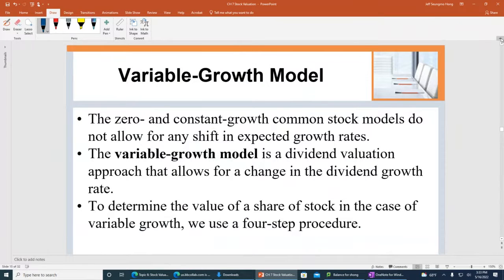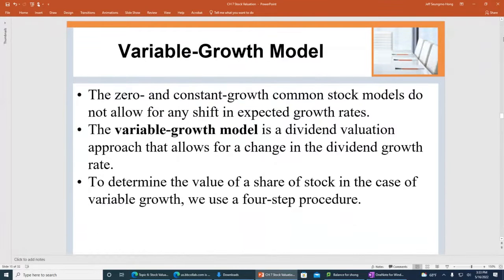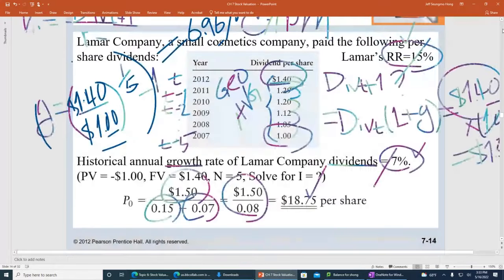Variable growth means, think about it, not all the companies are growing at a constant rate. The second model, the Gordon growth model, has been assuming that the company is growing at a constant rate. But in reality, companies grow at different variable growth rates. They go through variable growth phases.